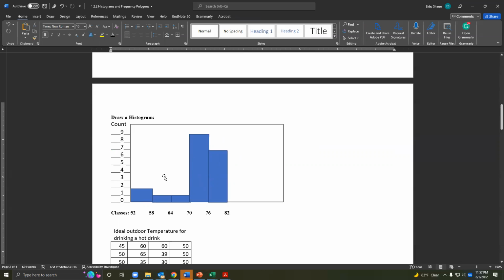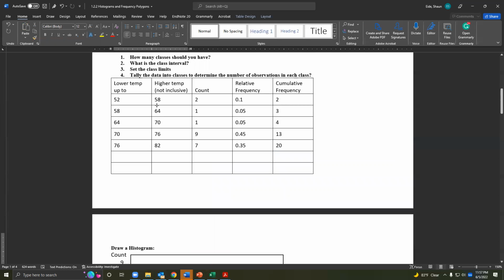And so this is a histogram. The really important thing is there is no gap between the bars. So 52 to 82, there's no gap in between each of these, and that's the big difference between a bar chart and a histogram. A histogram has no gaps. Bar charts have gaps.